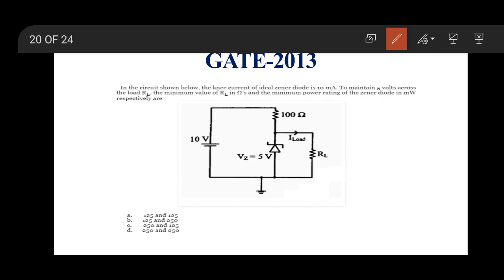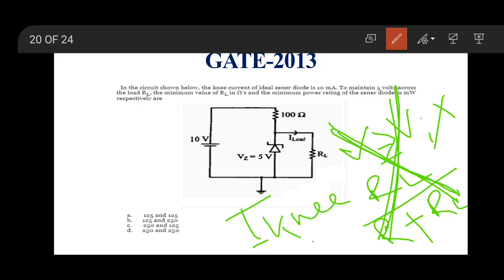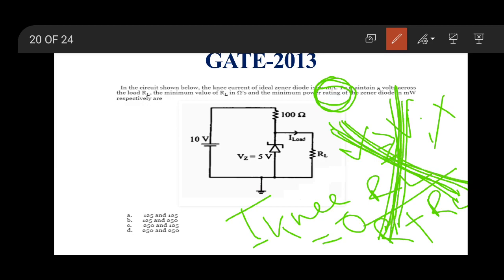What students will start doing is using V equals VI into RL by R plus RL. And this will not work here because it is only applicable when the knee current equals 0. But here the knee current has a value of 10 milliampere. So don't proceed with this formula.